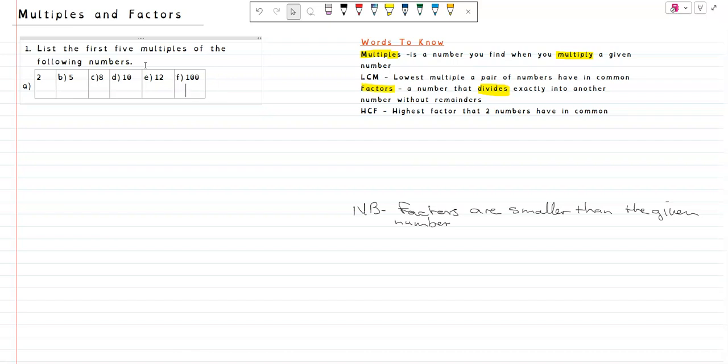Okay, so let's go to question number 2. It states that we need to find the lowest common multiple of the following pairs.